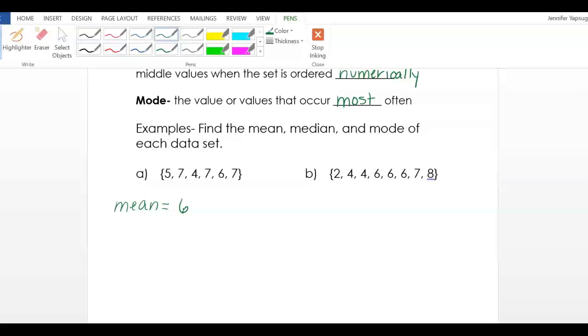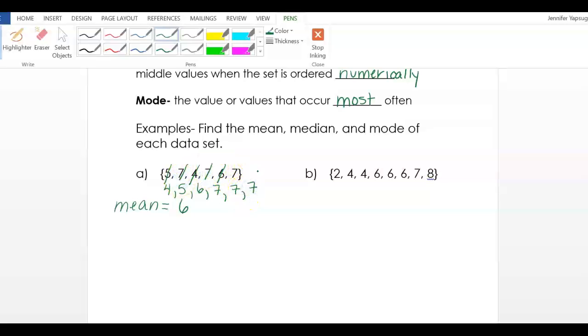All right, so the median, again, we put these numbers in order from least to greatest and then find the middle number. So I'm going to just rewrite these numbers from least to greatest. That would be 4 is the smallest number, then 5, and 6, and 7, and 7, and then 7.